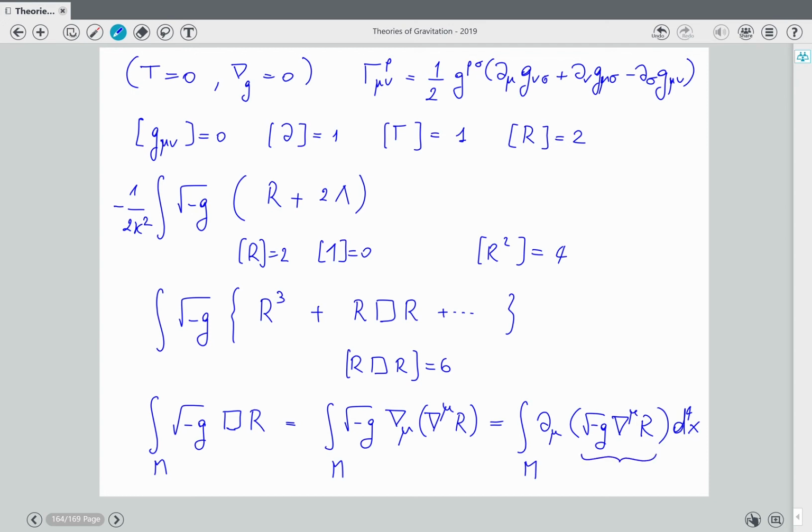If you want, this is a current. But that current is written in a covariant way. Square root of minus g, it's a density, a vector density actually. And that is how it should be written to be trivial in its contribution. So you have by Stokes' theorem that this gives a flux of that current at infinity.